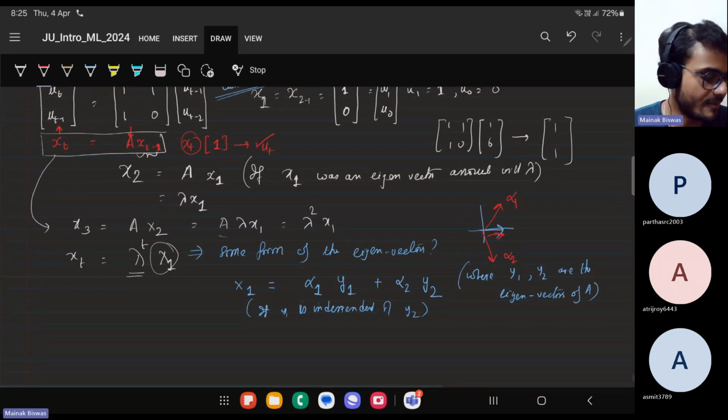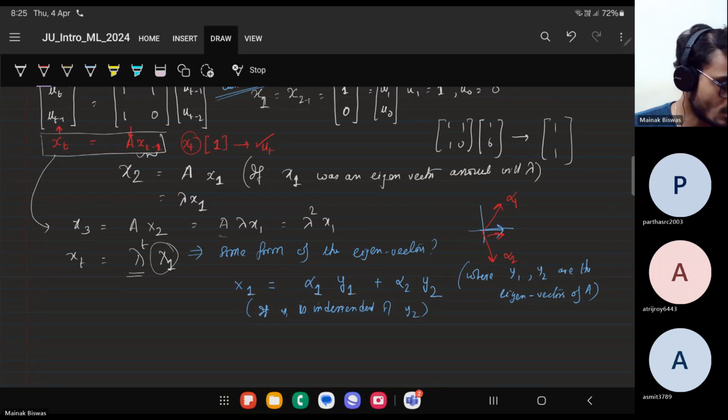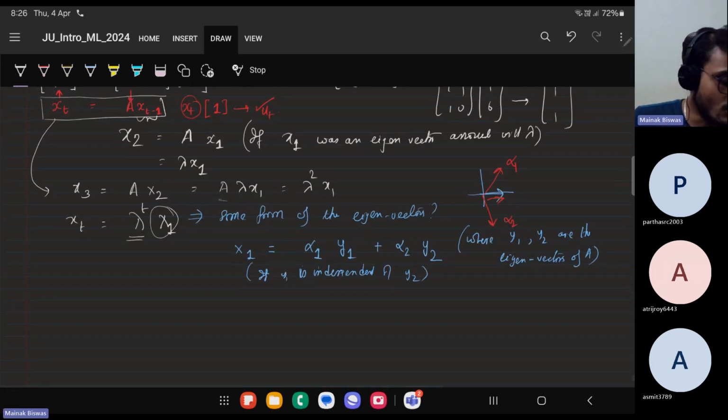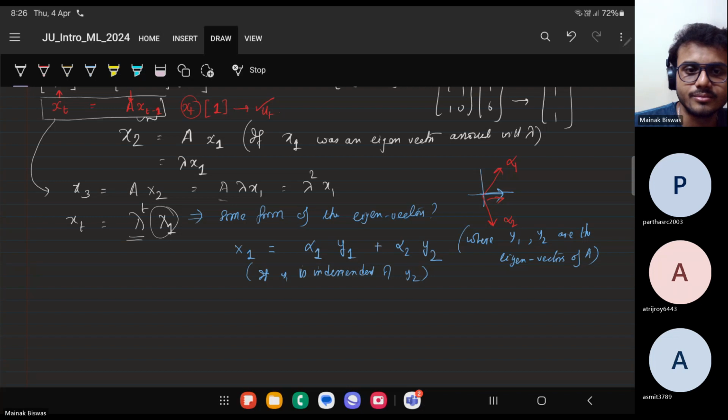I'm stopping again. Any questions? I'll wait for 1 second. Okay, no questions. Good. So now what should be my next step? If I know the eigenvalues and the eigenvectors, I'm done, correct? So I have to find the eigenvalues and eigenvectors.